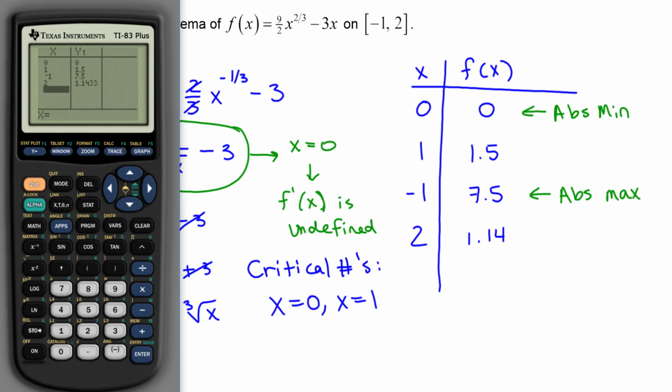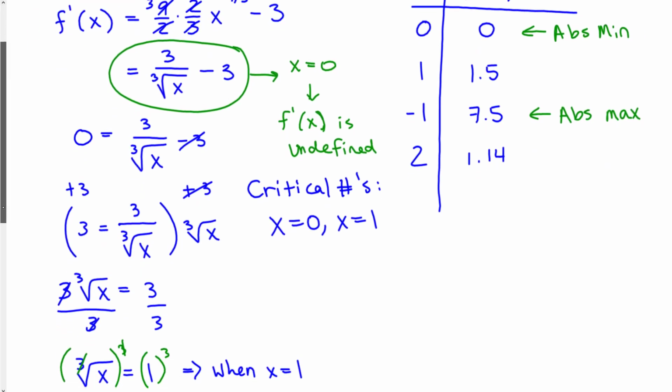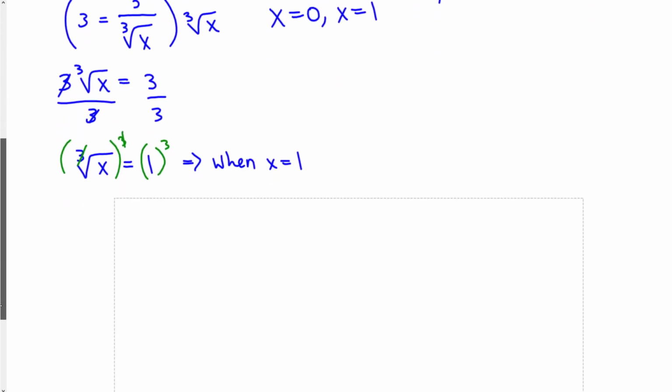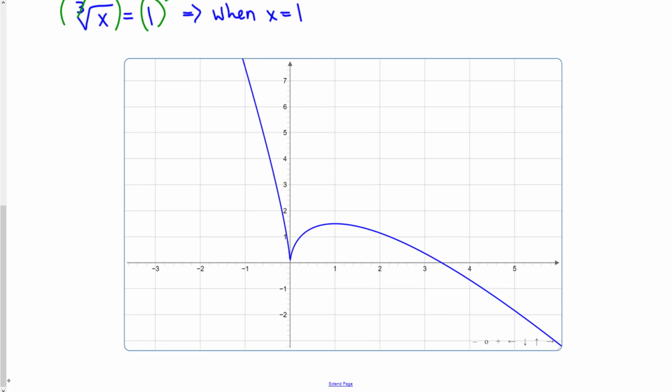Now, if we look at the graph of this, I think it'll make sense with the problem as to how this is working out. I do want you to see it, however, because it is a different type of graph that you may not have seen before. And what you can tell here is we do in fact have a relative extrema right here at +1.